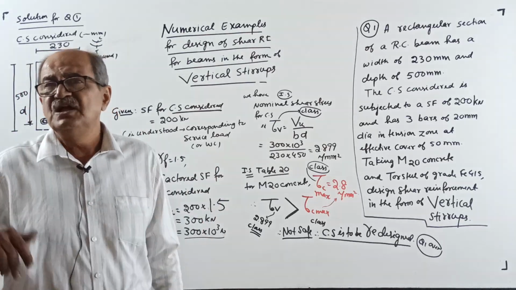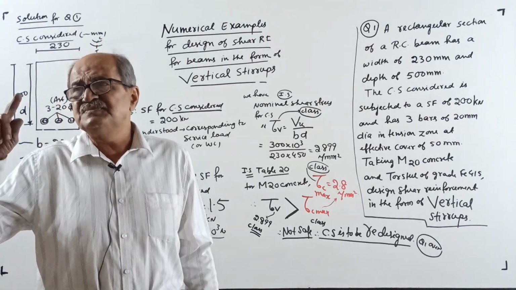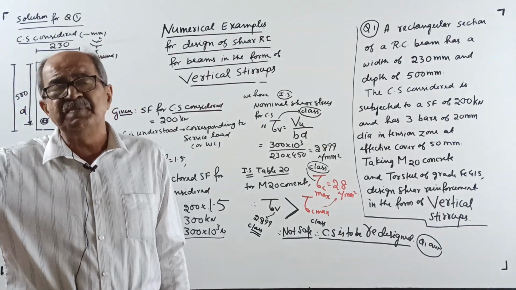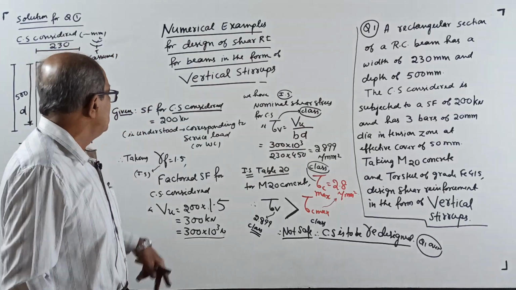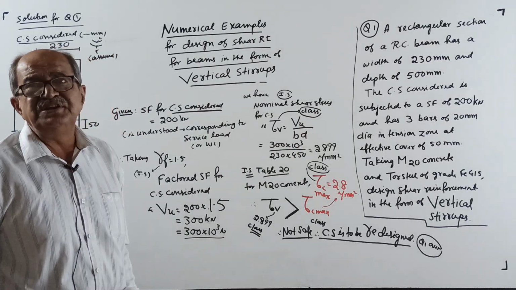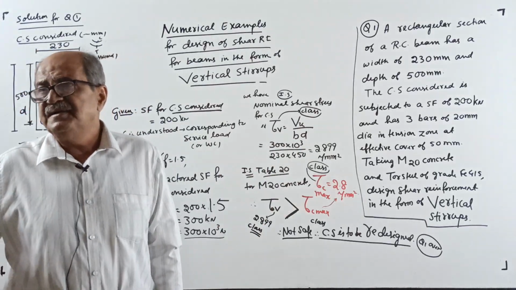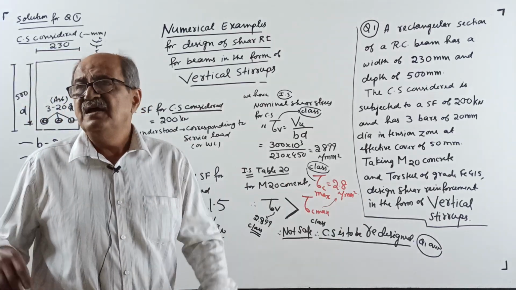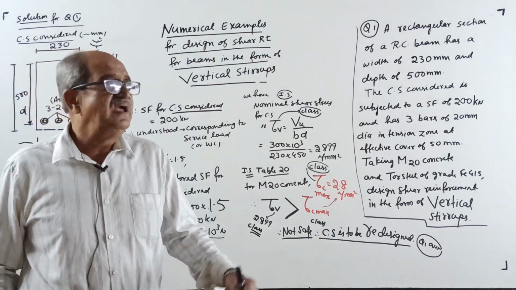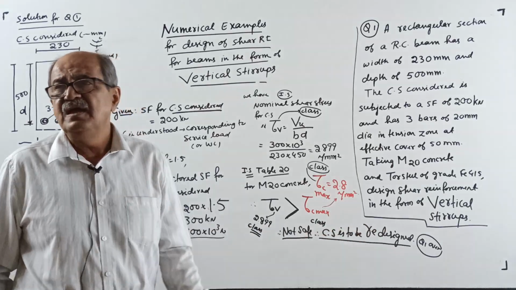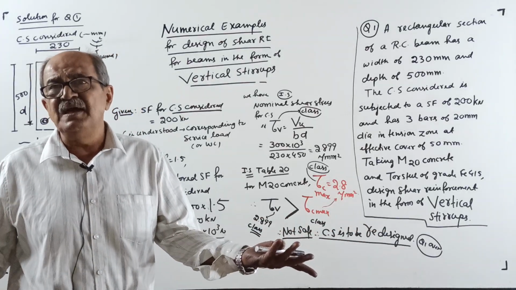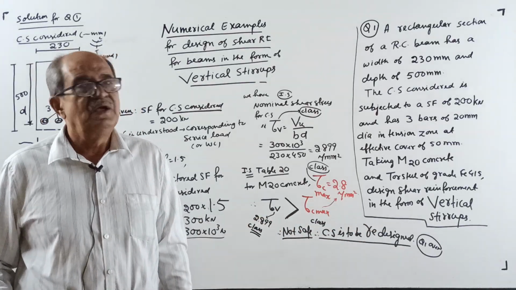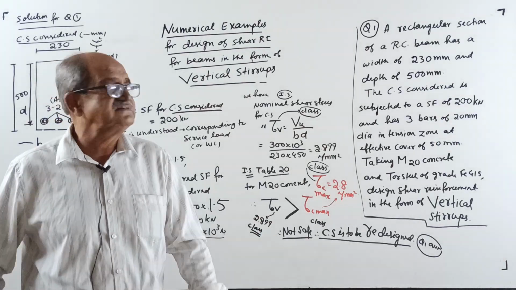Only change: shear force corresponding to working load in working stress method, shear force corresponding to factored load or factored shear force in limit state method. Tau V there, tau V here. There tau V equals V by bd, here tau V equals Vu by bd. Tau C maximum same, the meaning is same. Values are changing, table difference.